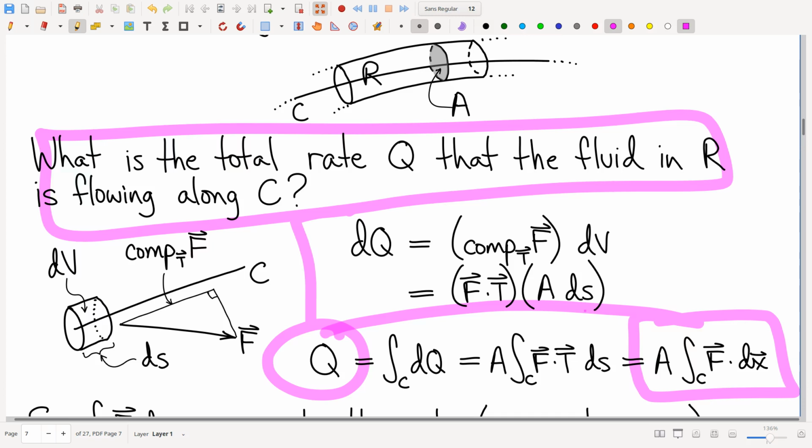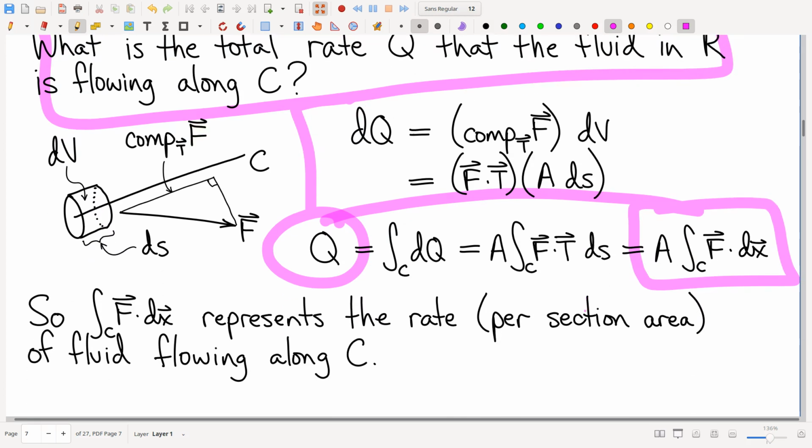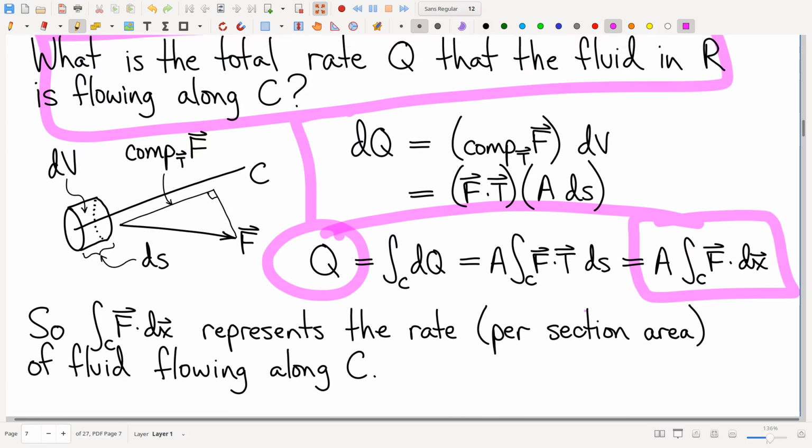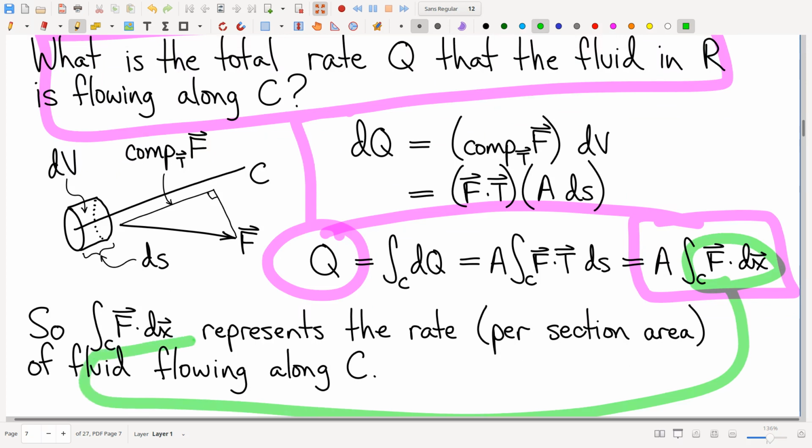So this is what's going to allow us to actually make our interpretation. I'm going to take this equation that we've just established. Notice that the vector line integral is part of it. And of course, area is the other factor. Now let's do a little hand waving about this cross-sectional area.